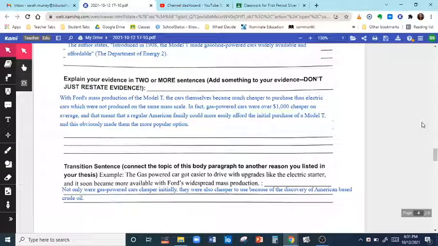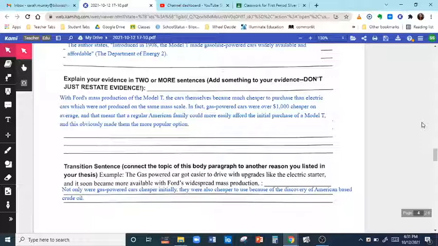Notice I added stuff. I didn't just say in 1908 having more cars made them cheaper. No, I compared it to the purchase of an electric car. I explained that the electric car wasn't produced on the same scale. I explained how much cheaper they were. I explained how that cheaper price made it the more popular option, which is the overall point of our essay.